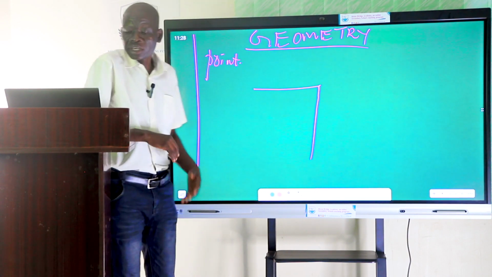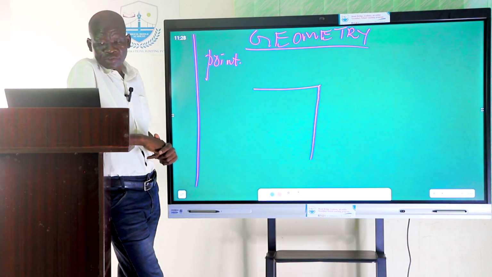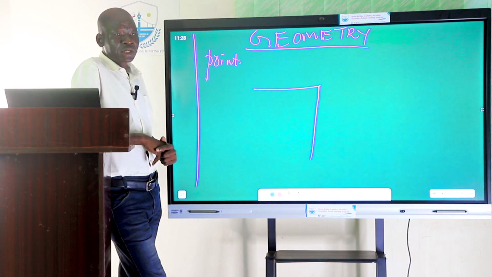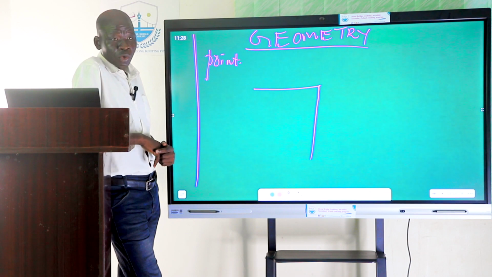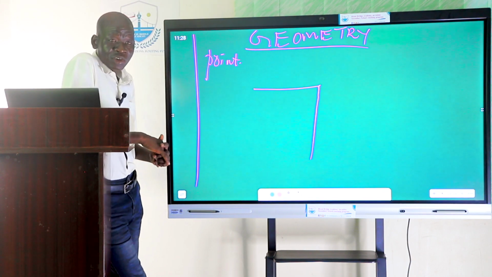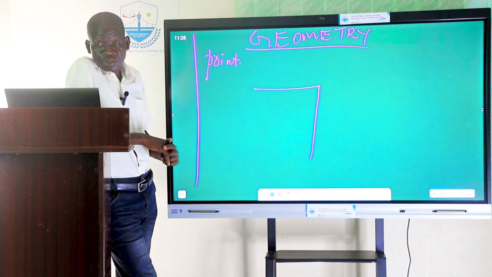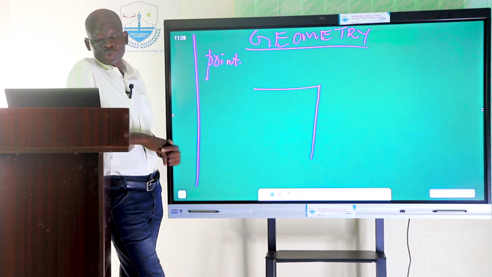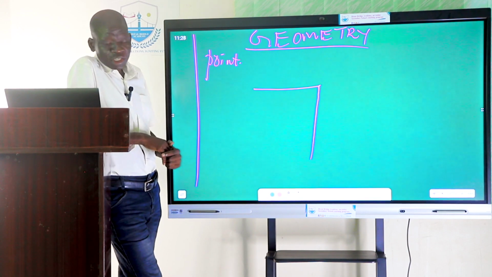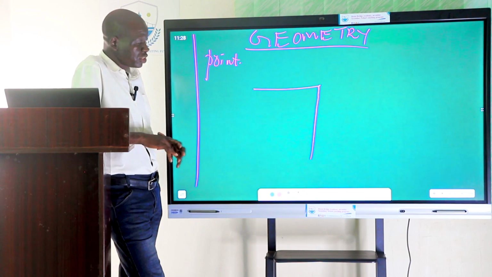Where two lines meet is an example of a point. When you look at a box, where the edges of the box meet, that is where a point is formed. So that is specifically what a point is.